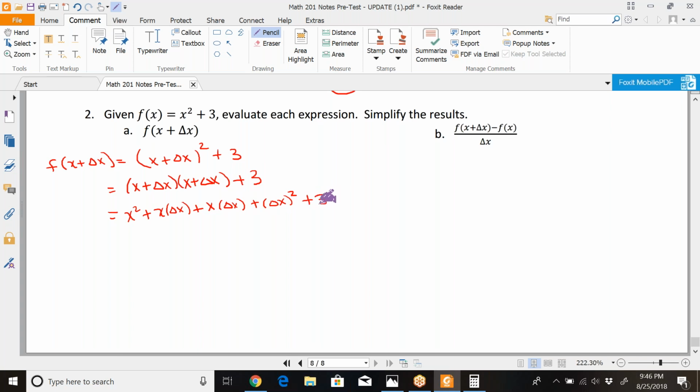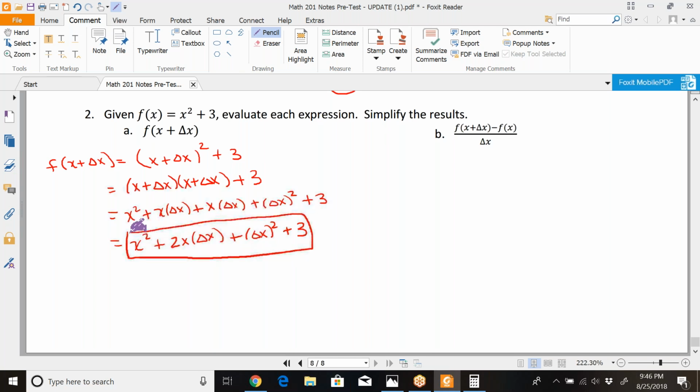And then I need to bring down my plus 3. I do have two like terms in the middle. So this is x squared plus 2x delta x plus a delta x squared and then plus 3. No other like terms. These are different because one of them has an x, one of them doesn't, and this is squared and this one's not. So this is the answer for the first part. It doesn't look very pretty, but that's it.